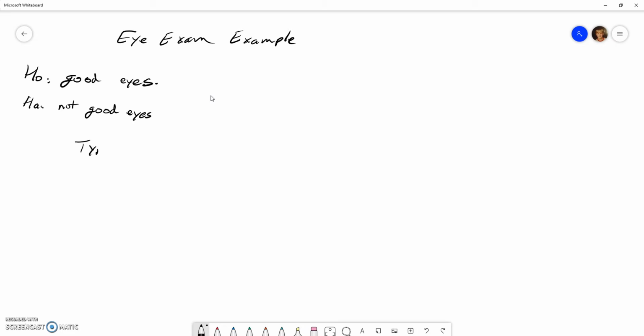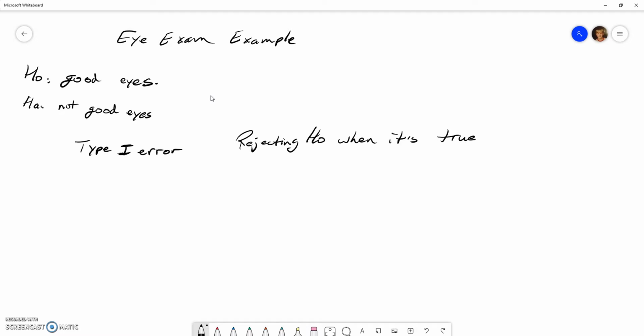So let's look at the different types of error. The type 1 error. Remember that a type 1 error is rejecting the null hypothesis when it's true.